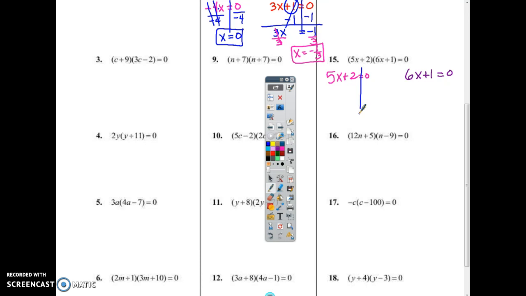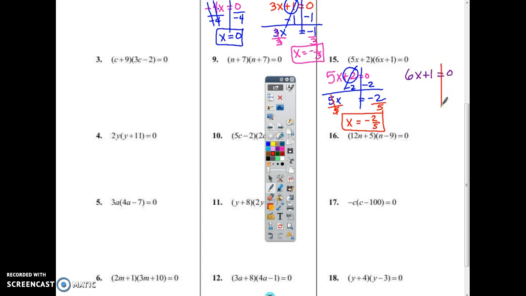No, divide is last. What do you do first? Move the 2 over, change the sign. So it's minus 2, minus 2. 5x equals a negative 2. What's the last step? Divide by 5, divide by 5. X equals negative 2 over 5. If it can be reduced, you reduce it. This one could not be reduced.